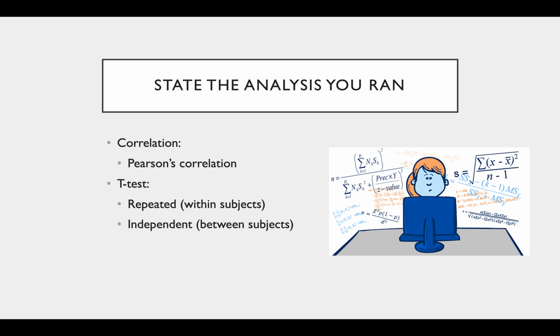So are you testing the same people twice, or are you testing different people? And then if you're doing an ANOVA, you need to specify if it's a one-way ANOVA or a factorial ANOVA. And again, these are things that we talked about in our meetings last week. But again, if you wanted to sort of touch base with me, I'm available to do that.